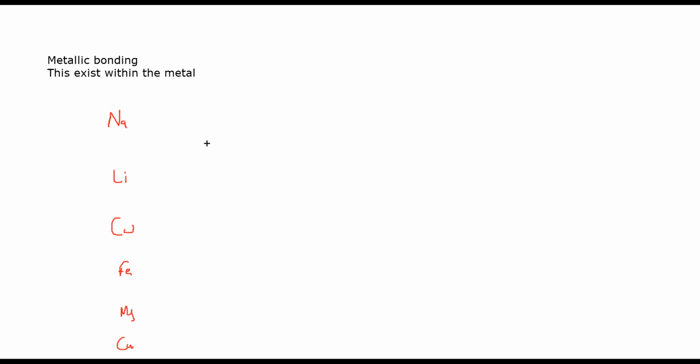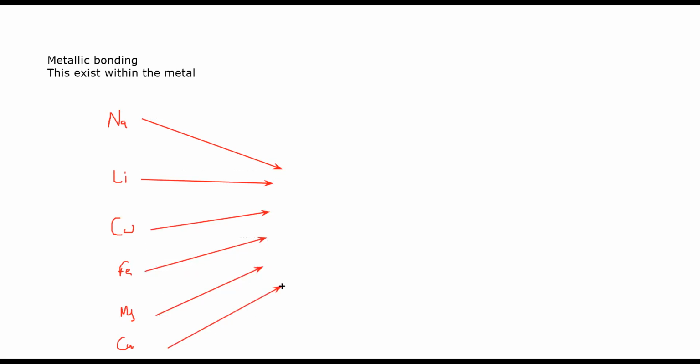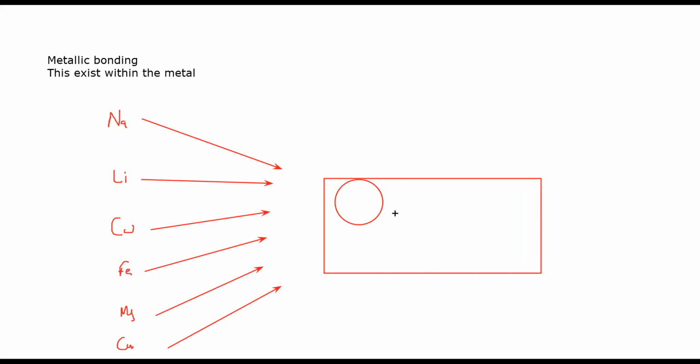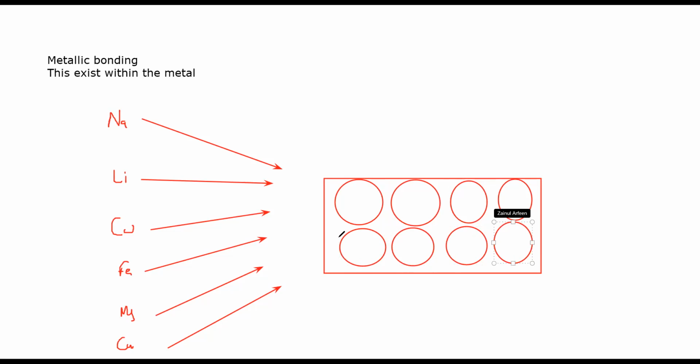So what is the structure of these metals? All of these metals have a lattice of positive ions. For example, this is one positive ion, the second, and so on, because metals generally tend to lose electrons. If something loses electrons, what charge will it make? It will make a positive charge.